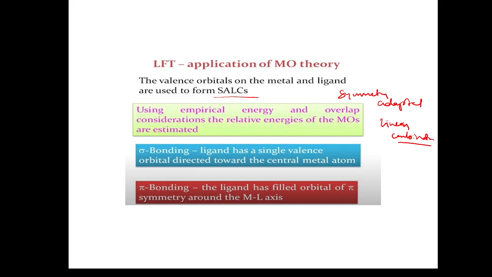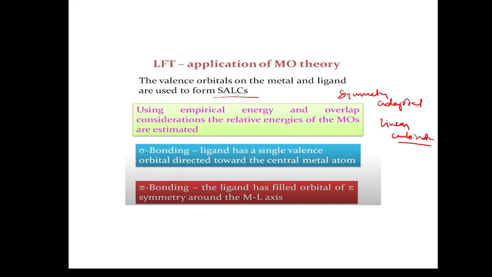We have to consider what are the available orbitals on the metal and what are the available orbitals in the ligand. Then we consider what symmetry is present for the metal and for the ligand, and then finally we see which can overlap and give the bonding and anti-bonding, and which orbital will be non-bonding, right?